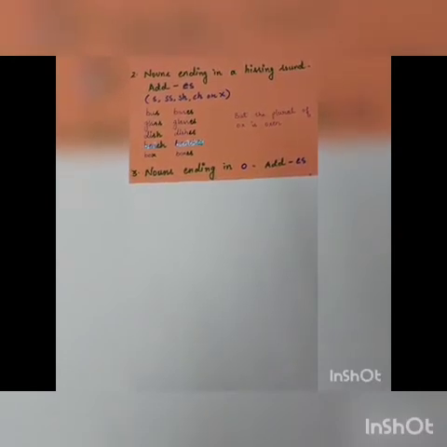Third rule is nouns ending in O add es. So, some nouns that end in O form their plural by adding es to the singular. Let's have a look at some examples.